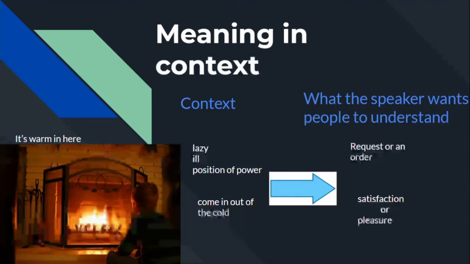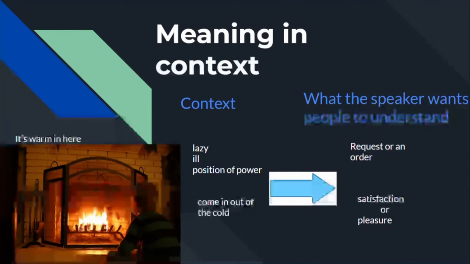These three are different contexts, but they are somehow similar and related and can be understood in the same way, as a request or an order depending on some little details.